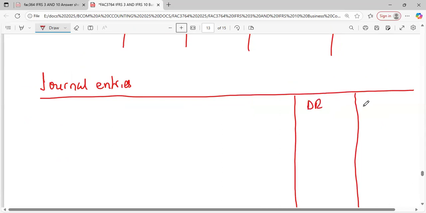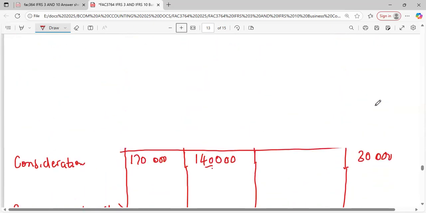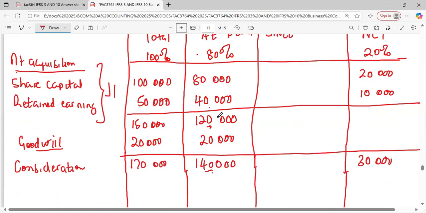So the first journal is to eliminate the share capital of the subsidiary. It's no more there. This share capital of the subsidiary should now be eliminated. Remember, if you are now to do your consolidated statement of financial position, on share capital, if you are doing the retained earning, you are no more going to have the share capital of the subsidiary because it was purchased here.